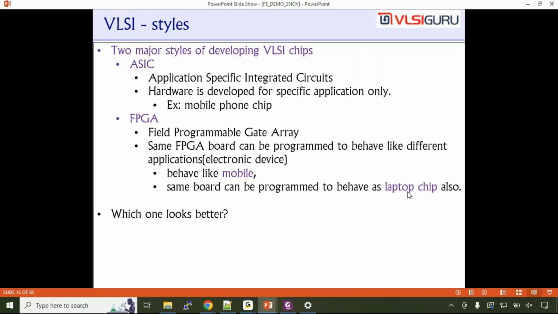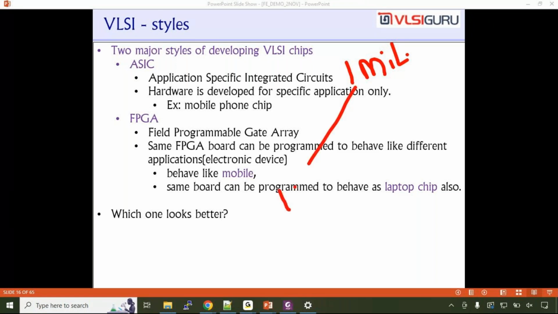If I go for a bulk production, bulk means what? Manufacturing in large quantities. If we are manufacturing in large quantities, ASIC will be cheaper compared to FPGA. In summary, if I have to manufacture a mobile chip, let's say 1 million, how many mobile phone chips are we manufacturing? 1 million.